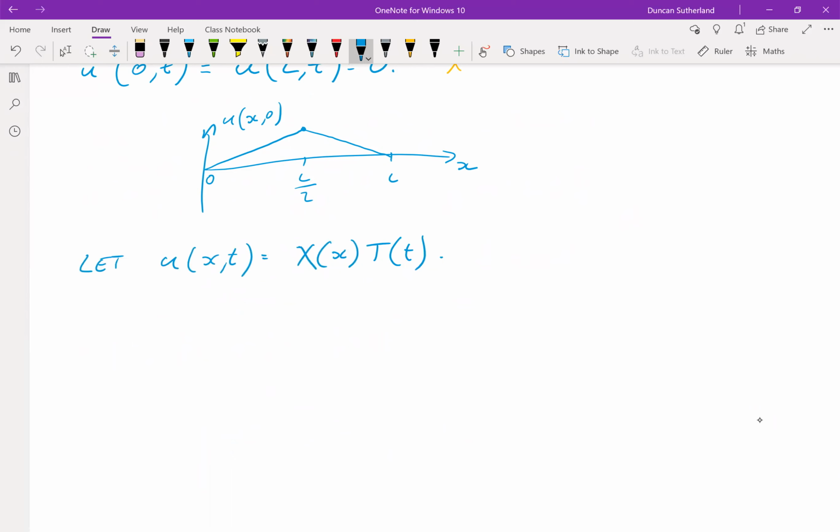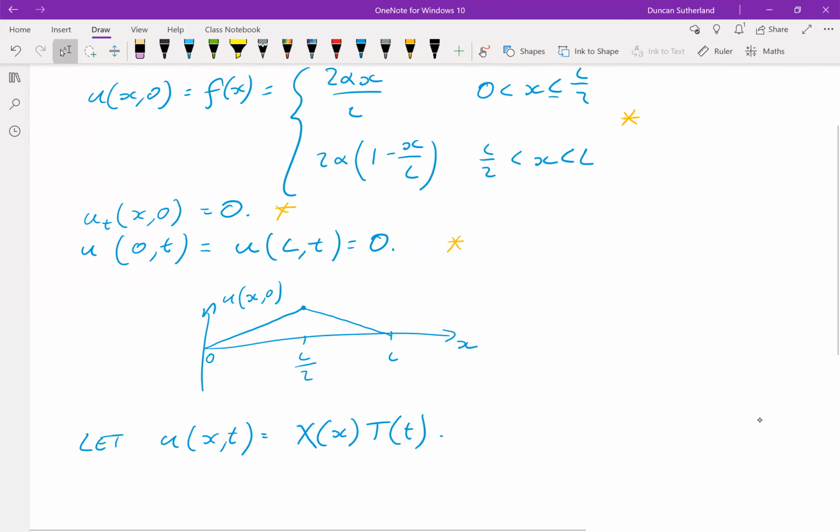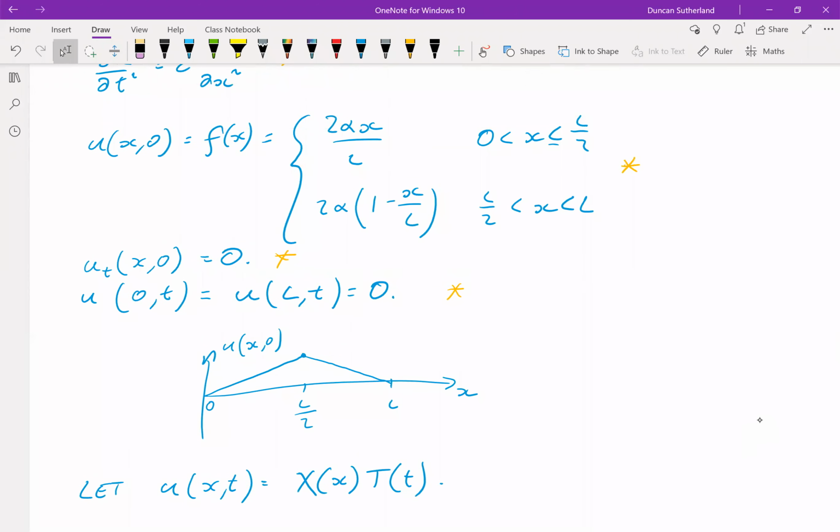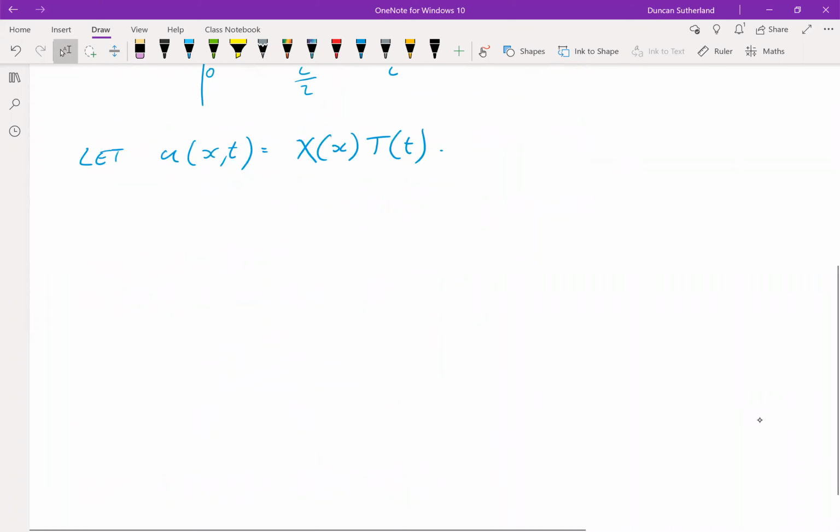So we really assume that the solution we're looking for is multiplicative, one function of x multiplied by a function of t. That's the fundamental idea that we then try and separate out. We've got nothing else to do with this other than to plug it into our PDE.